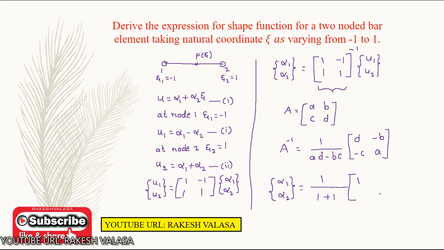Both are 1, so no change. Next, change the sign of minus 1 to plus 1, and plus 1 goes to minus 1, into u1 u2. Now you can also write 1 by 2 into the matrix 1 1, -1 1, into u1 u2.